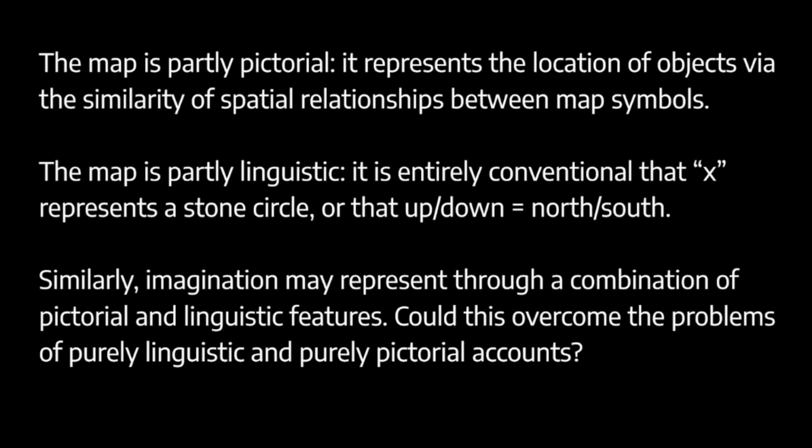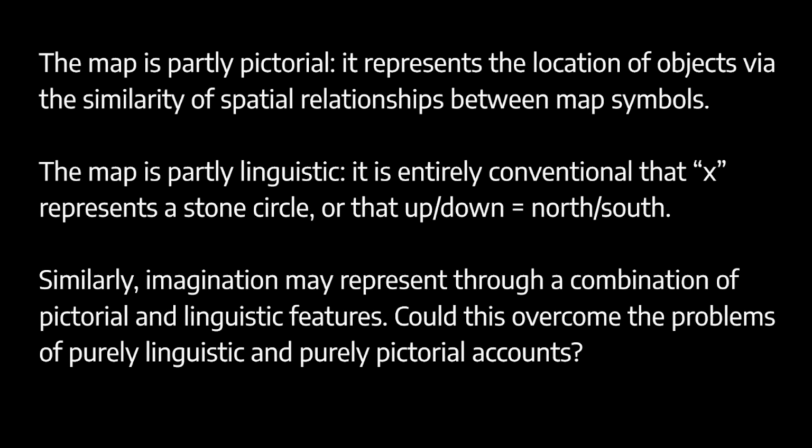The map could have been drawn the other way round. So the map involves both a pictorial and a linguistic element. And so maybe this is what's involved in the kind of imagination that's relevant to conceivability, right? To conceive that P is to imagine a situation that verifies that P, where the imagination is both pictorial and linguistic, it's mixed.